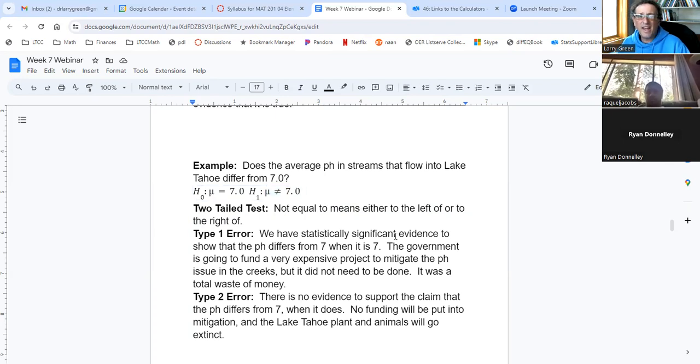If that happens, we're going to have this statistically significant evidence, and the government is going to fund efforts to mitigate this when it wasn't needed, because the pH was 7 and there were no problems. That's a bad thing, a total waste of money. Does that make sense? Spending all this money to try to mitigate the pH issue when there isn't an issue. That's a type 1 error.